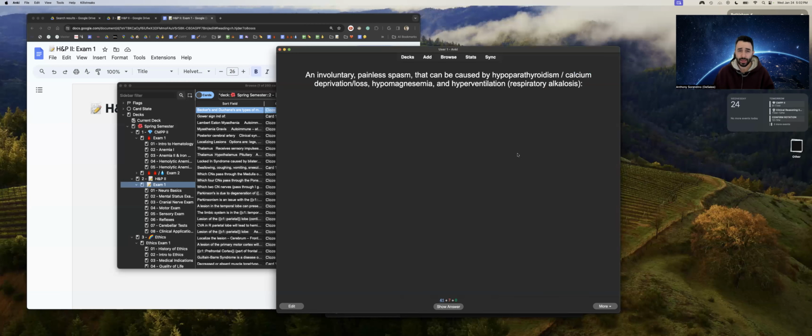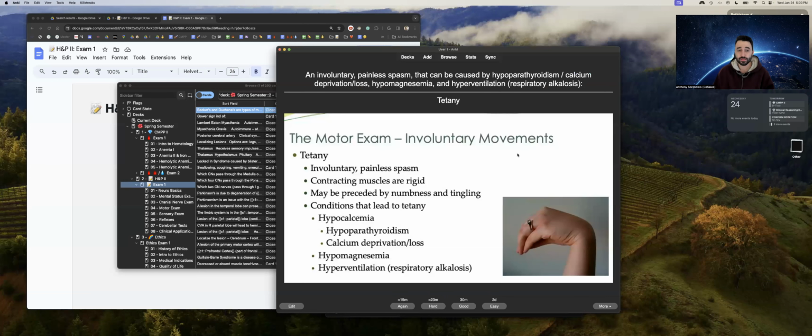An involuntary painless spasm that can be caused by hypoparathyroidism. So this is that, yeah, hypoparathyroid, PTH increases calcium, so hypo. Okay. Is this tetany? This is tetany. Okay. So all low stuff: hypomagnesemia, hyperventilation, blowing off CO2, alkalosis can cause this too.